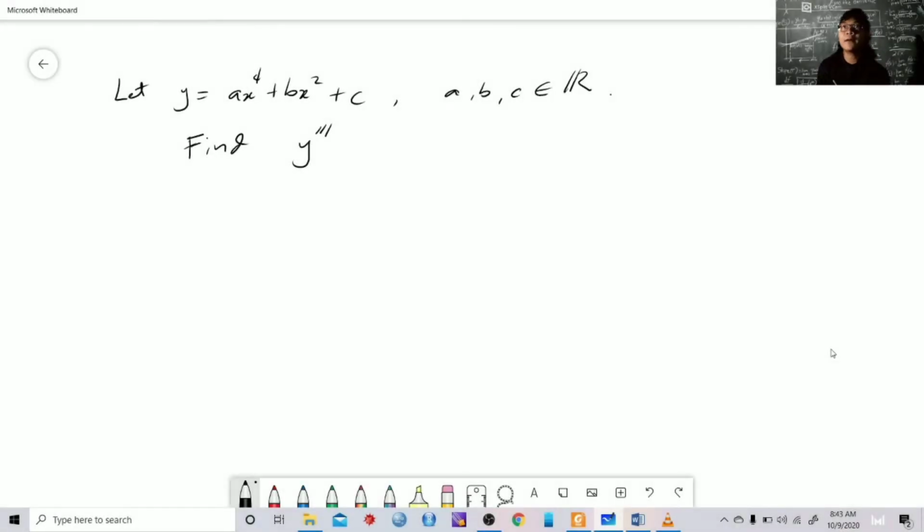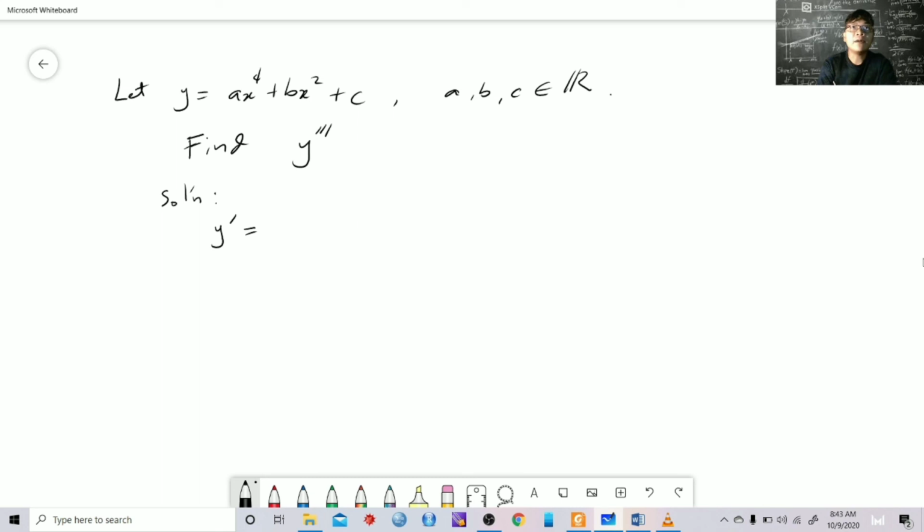Alright, so let's have this example. Let y be equal to a x to the fourth plus b x squared plus c, where a, b, and c are elements of the set of real numbers. We need to find y triple prime, meaning the third derivative. So let's have the solution. We first get y prime.